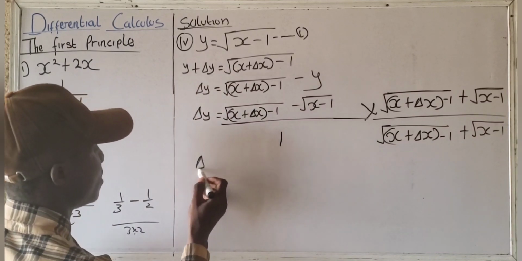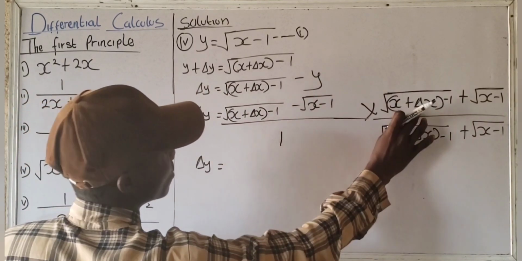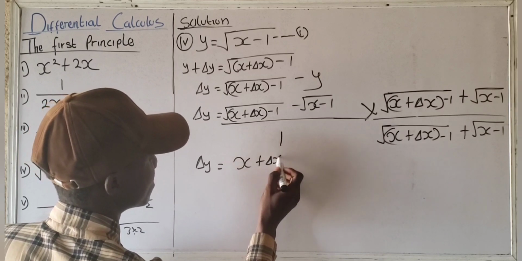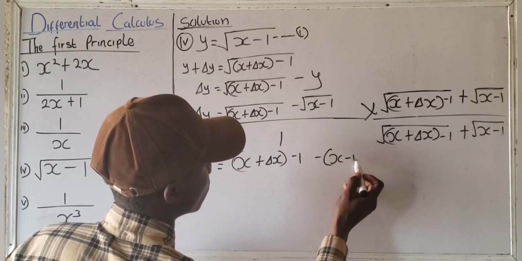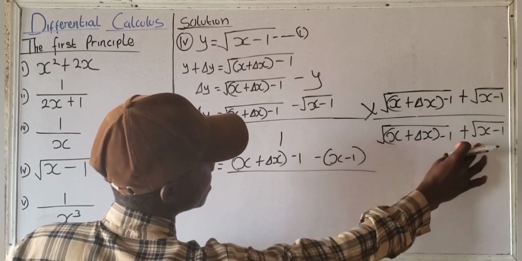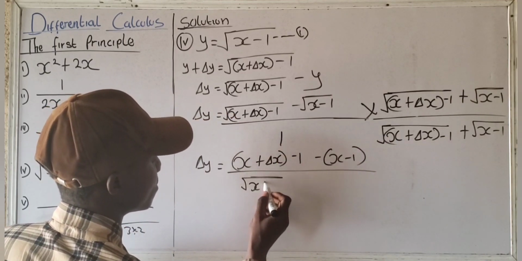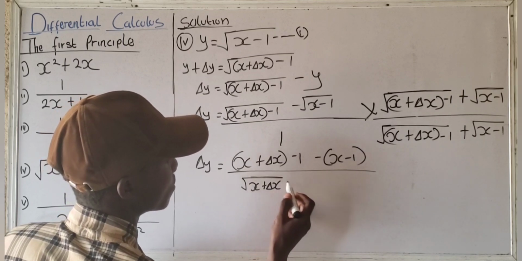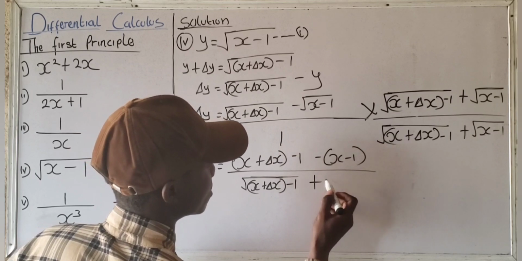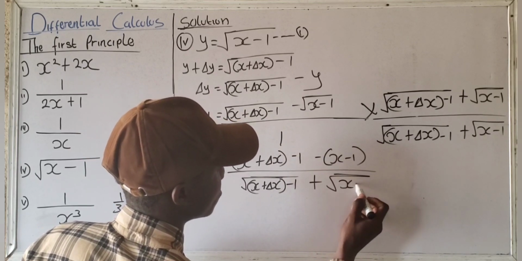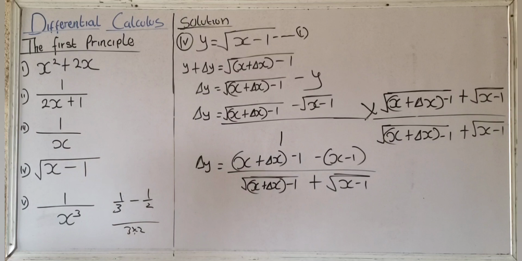So here I'm going to have delta y equals, if you multiply this and this together, x plus delta x minus 1 minus, in bracket, x minus 1, all over 1 times the square root of x plus delta x minus 1 plus the square root of x minus 1. Do you understand? Okay, having gotten to this point, the next step is that you have to divide both sides by delta x. Before you do that, let us first open the bracket.